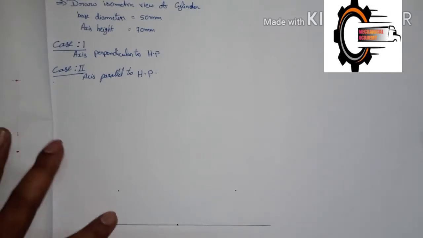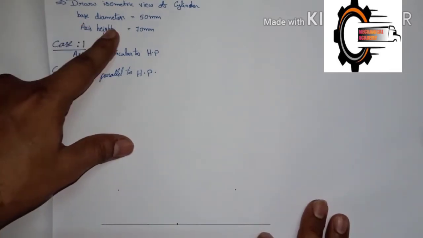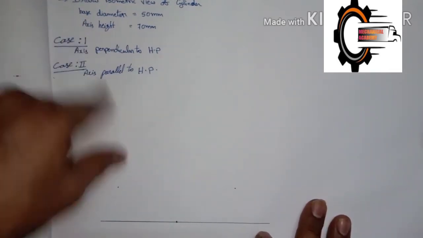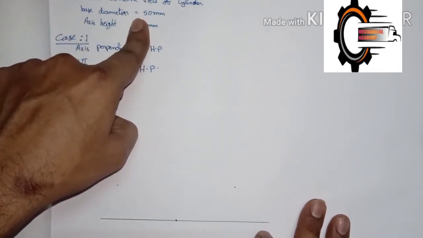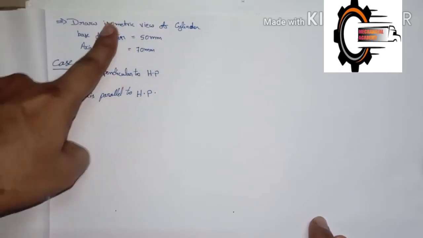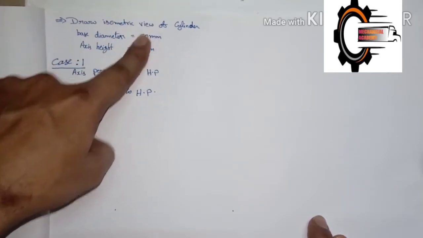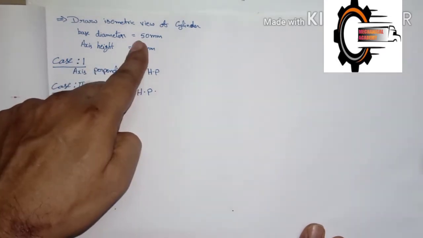Next we have to draw lines equal to the base diameter. We have to draw the rhombus over here, equal to the base diameter of 50 mm. Here we draw the isometric view, not the isometric projection. In a view, we take the true length, which is 50 mm.